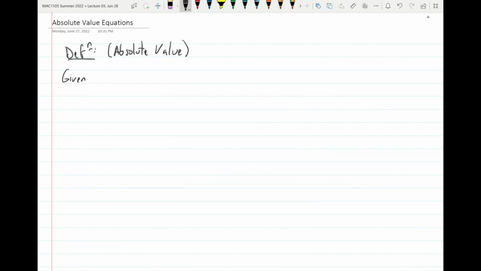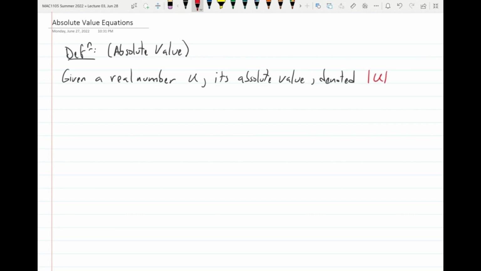So given a real number u, let's call it u, its absolute value is denoted... the way that we write absolute value is we put the number and then we put a pair of bars, two bars around the number, like this.